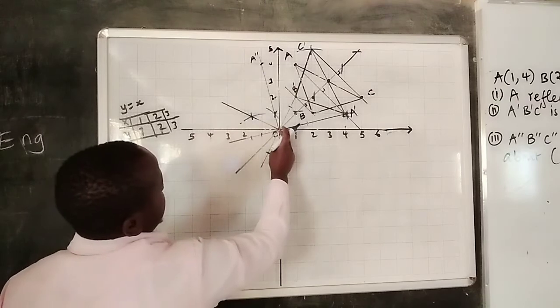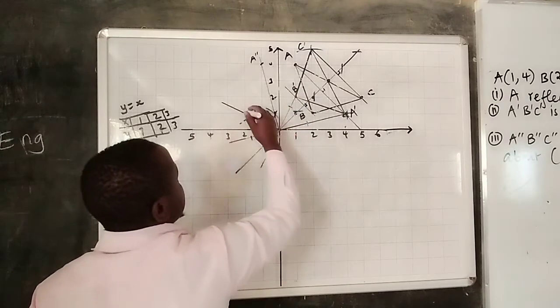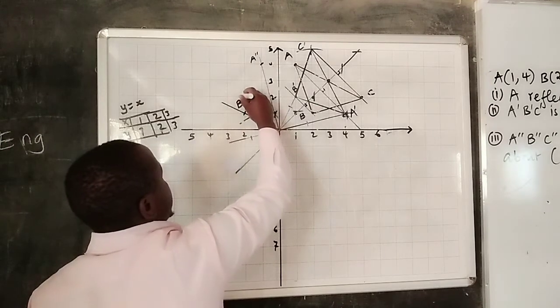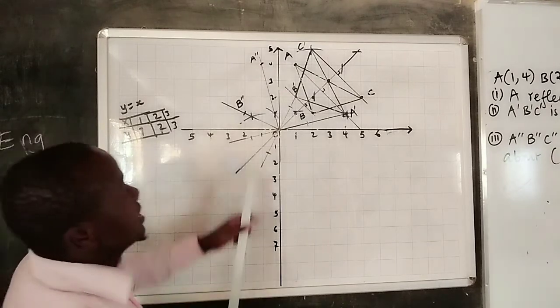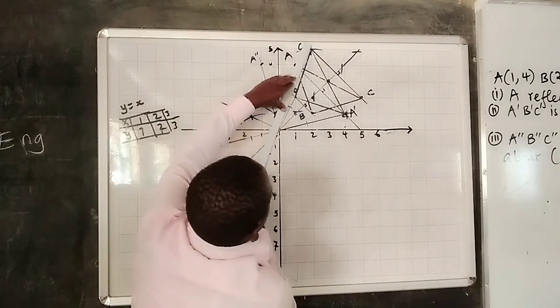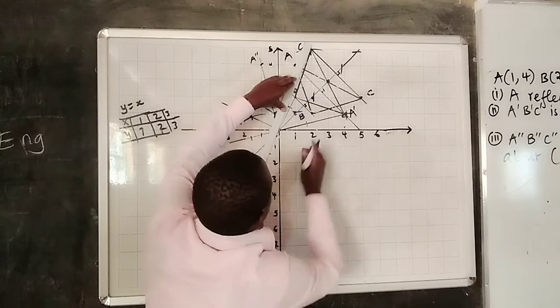Therefore, from A to B, and after turning 90, we mark an equal distance. We shall have B double prime on that side. Then lastly, C. Lastly, we bring C to the center.